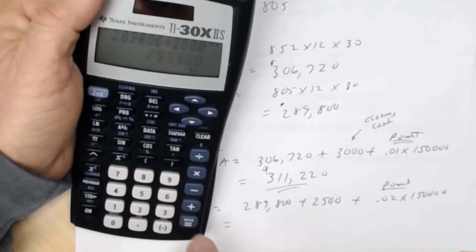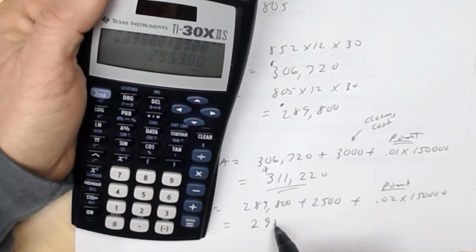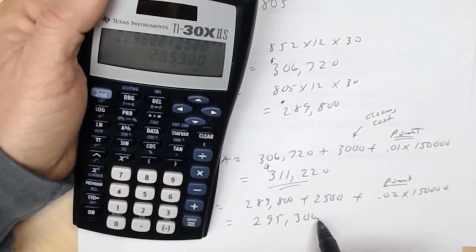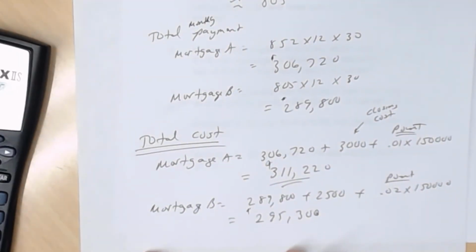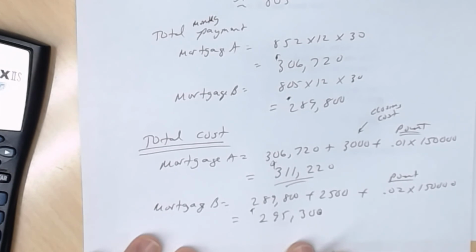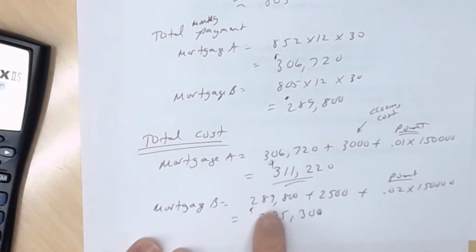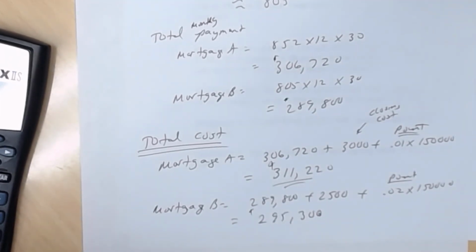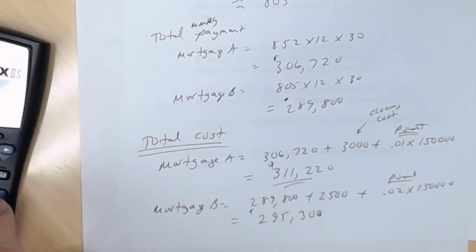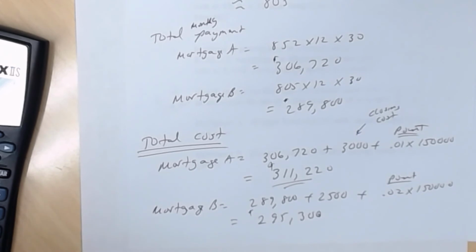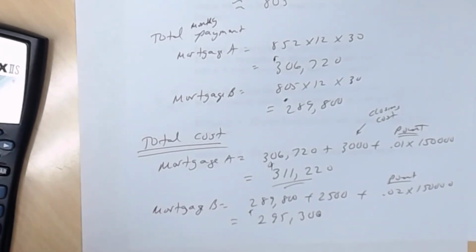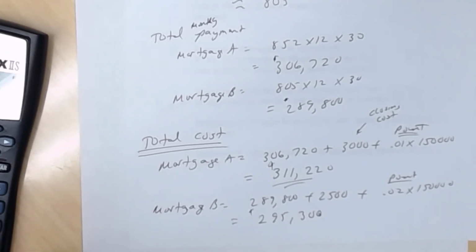Okay, equals $295,300. I'll make sure that was right. So that's 0.02 times $150,000, plus, yep, all right, so $295,300.